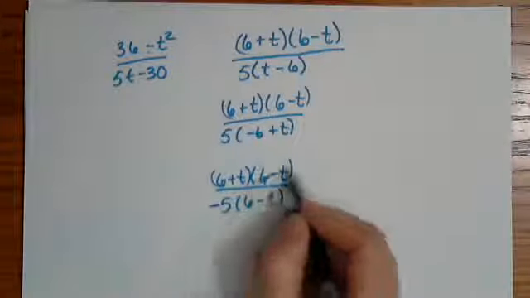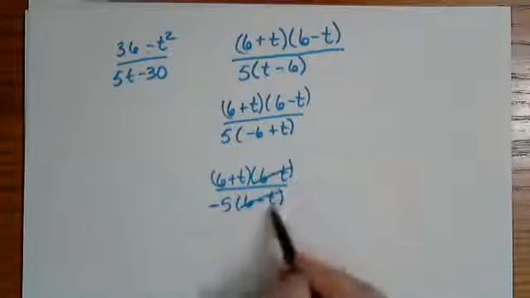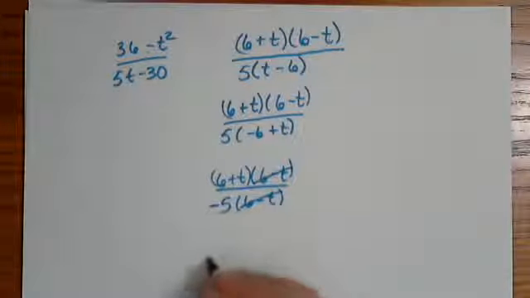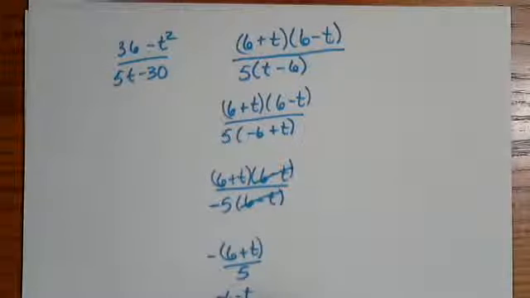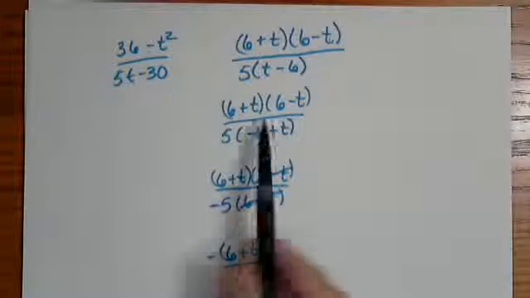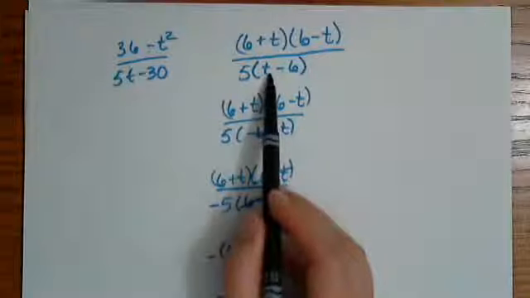And now I can cancel that, and I'm left with a negative 6 plus t over 5. Or you could also say negative 6 minus t over 5. And that's just distributing that negative sign all the way through. Okay. And what are the excluded values? Well, I can see from right here, if t is 6, what's going to happen in the denominator?